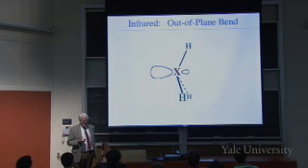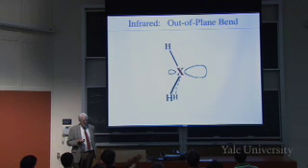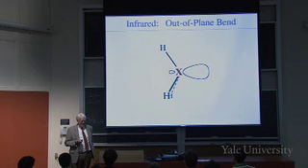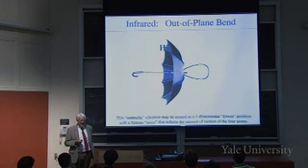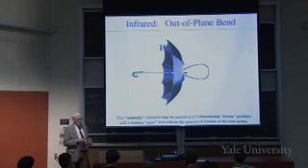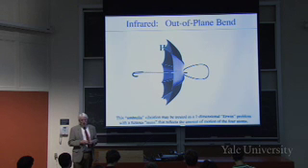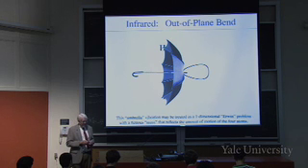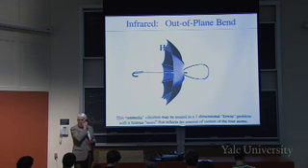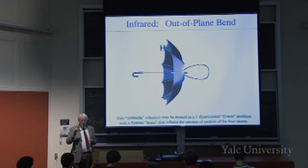Does that remind you of anything that moves like this in a high wind? Weather vane? It's like an umbrella, right? In a high wind, it blows inside out. So this is sometimes called the umbrella vibration of XH3. And you can treat it with Particle in a Box as if it's one dimension, just how much motion of all these atoms.